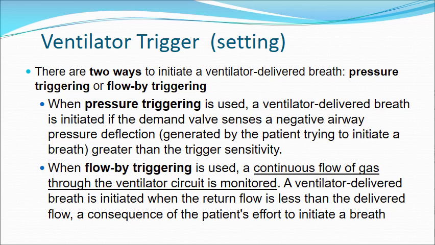The ventilator-delivered breath is initiated when the return flow is less than the delivered flow, a consequence of the patient's effort to initiate a breath. Now on the LTV 950, you will see the sensitivity setting. It is in liters per minute. I will let you figure out which one is indicated in that case.